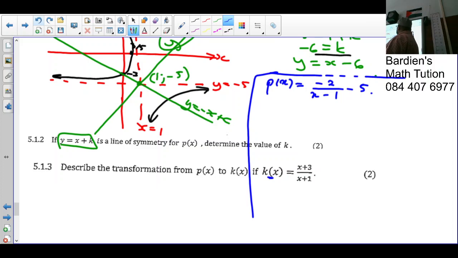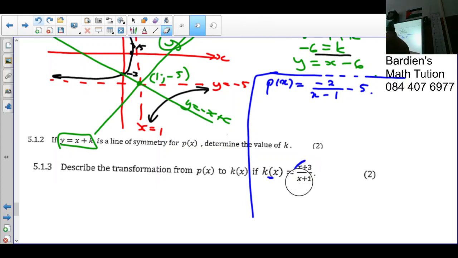But what you should notice is that the representation of K is different to the standard form of your hyperbola. So we can't see the transformation nicely here. What we must do is get it in that form of P of x, the standard form of your hyperbola. So we got K of x equals.